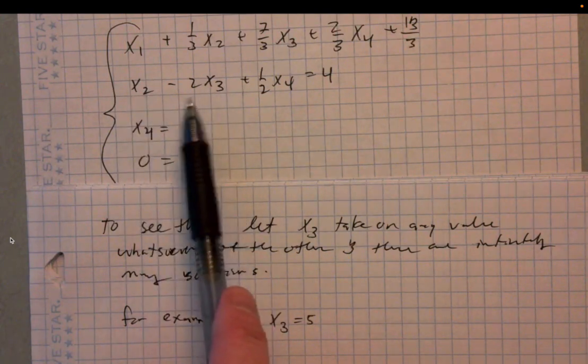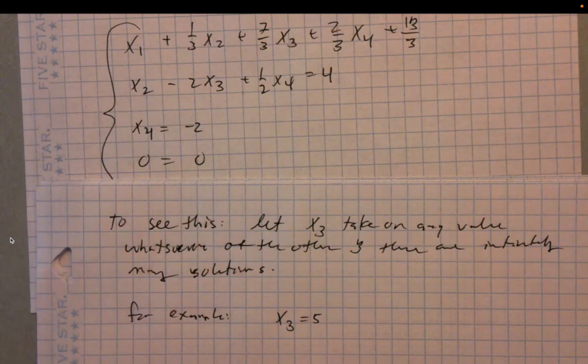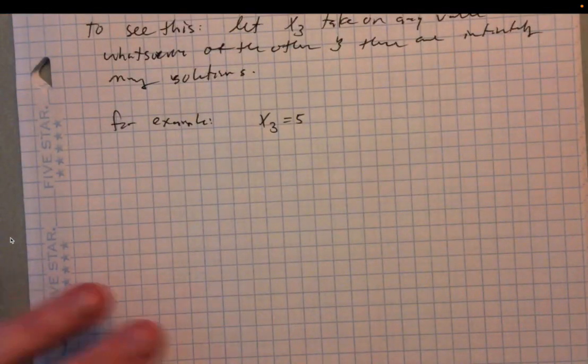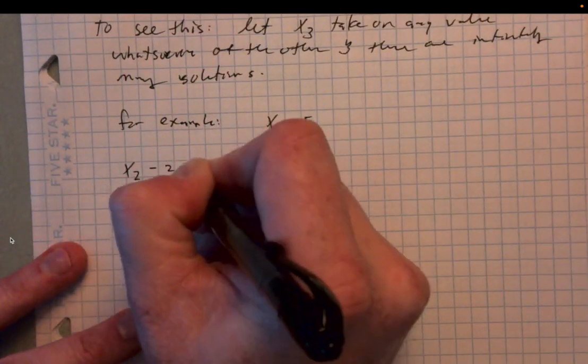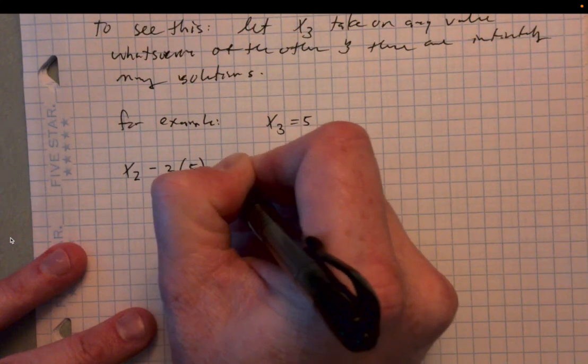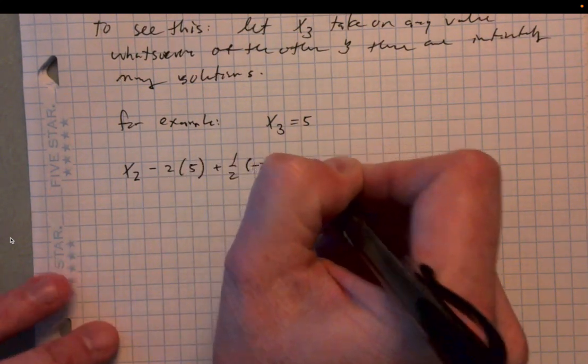We can then substitute those three values back into the top equation to figure out what x1 is. So if x3 is 5, then you have x2 minus 2 times 5 plus 1/2 times -2 equals 4.